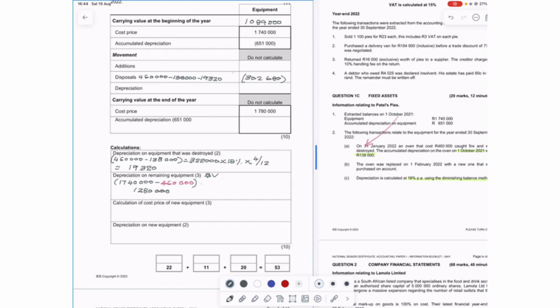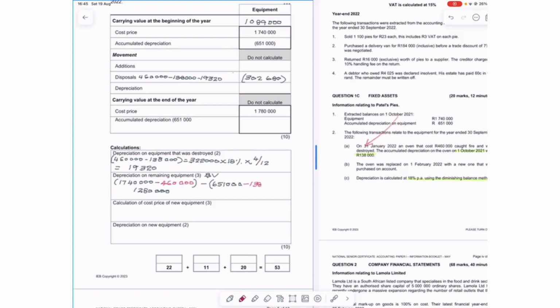Now we need to subtract the accumulated depreciation. So let's start with the accumulated depreciation at the beginning of the year, which was 651,000. Once again, we're going to subtract the depreciation on the oven at the beginning of the year.